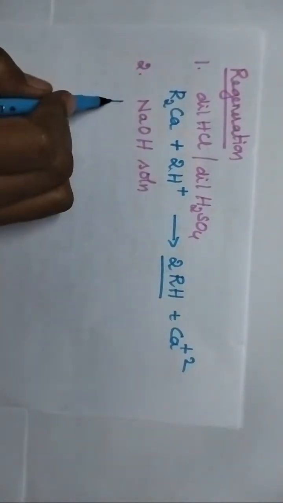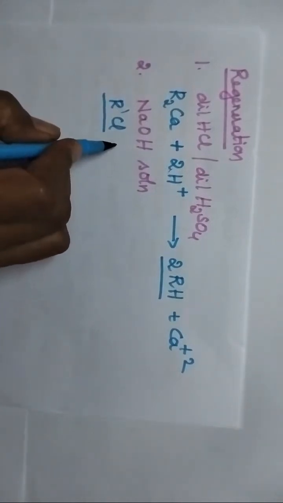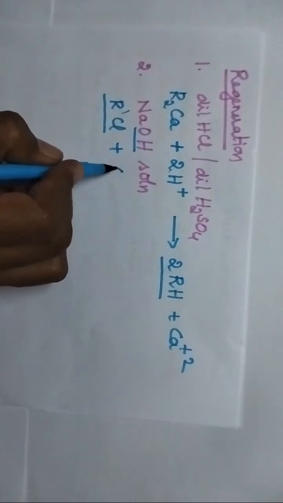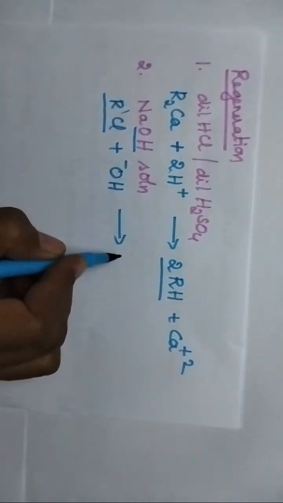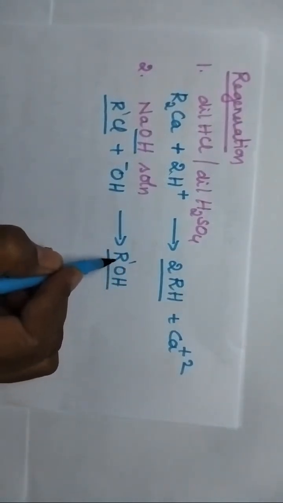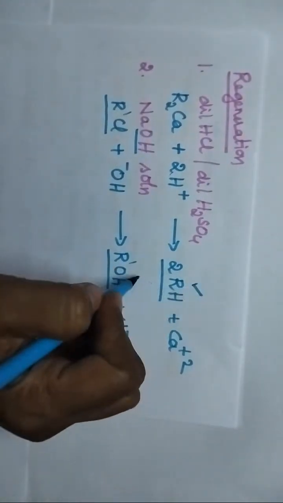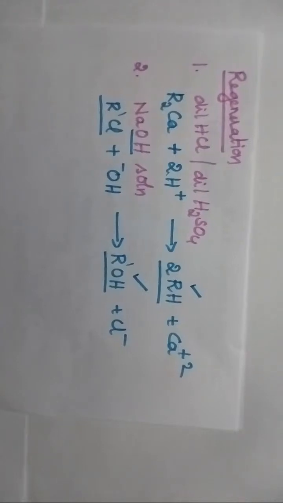That means whenever the exhausted anion exchange resin is washed with sodium hydroxide solution, it readily reacts with OH minus ions and results in the formation of anion exchange resin. In that way, these cation and anion exchange resins can be regenerated.